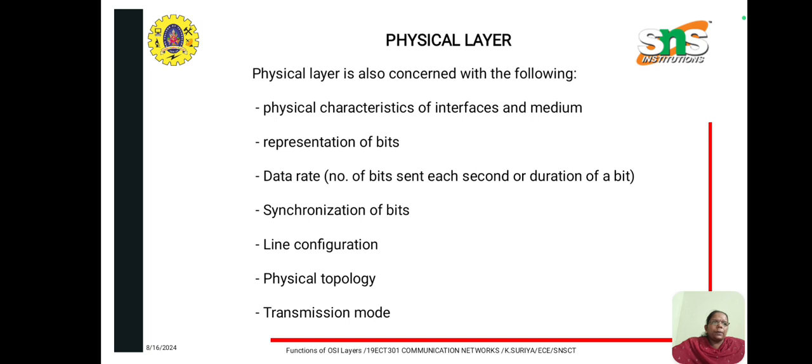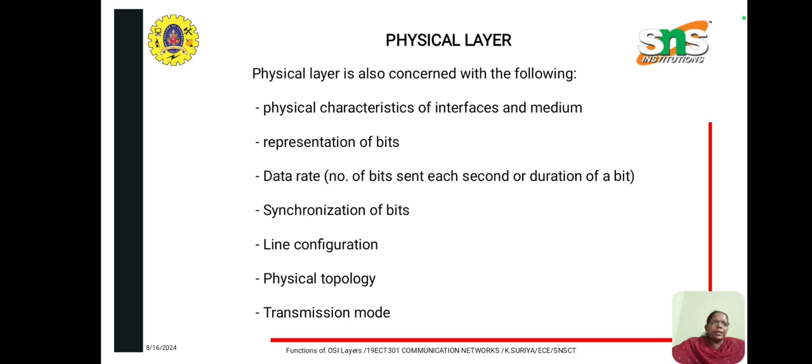Next one is representation of bits. The physical layer data consists of a stream of bits, say a sequence of zeros or ones with no interpretation. To be transmitted, bits must be encoded into signals, either electrical or optical. The physical layer defines the types of encoding.